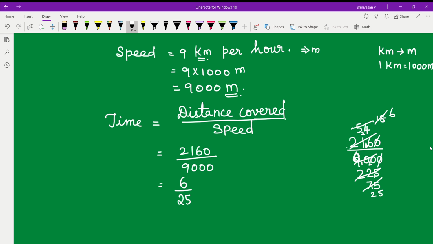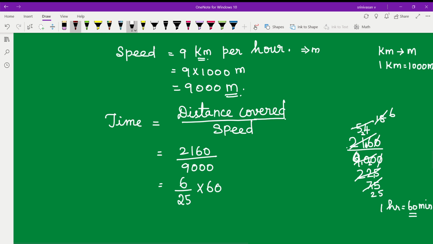And here, listen children, we are going to multiply by 60 the term 6 by 25 because we are converting the time into minutes. We know that 1 hour equal 60 minutes. So we are going to multiply by 60 here.